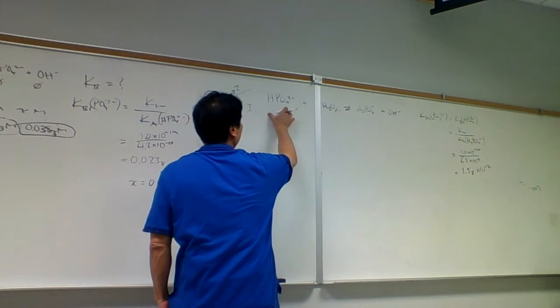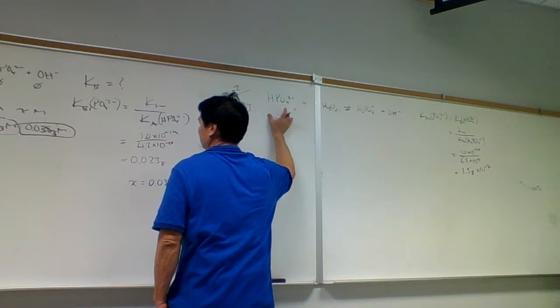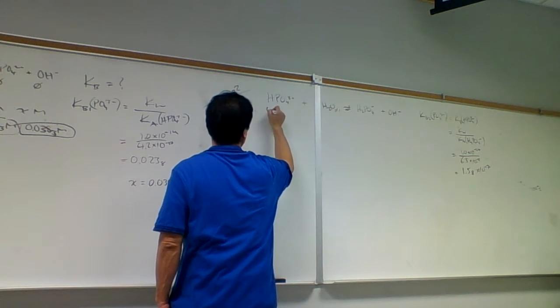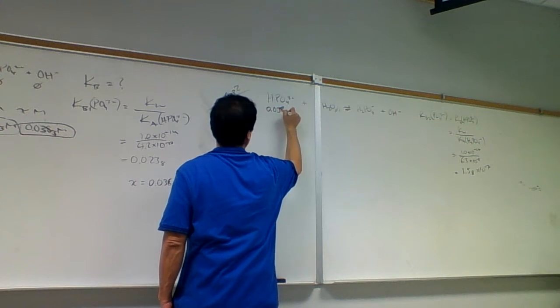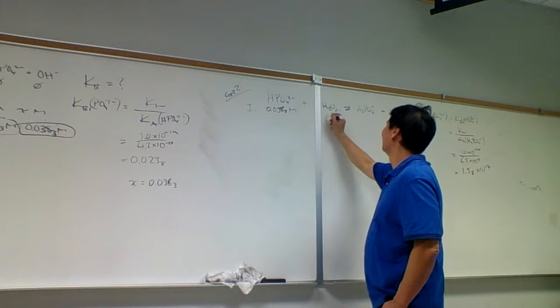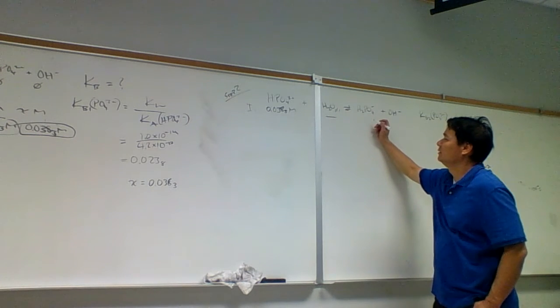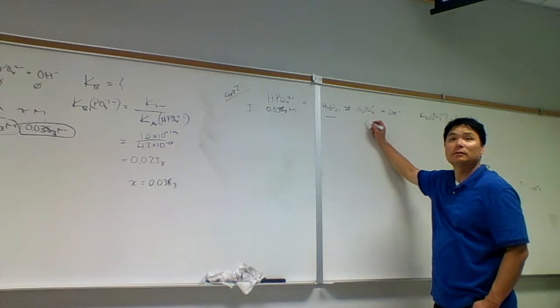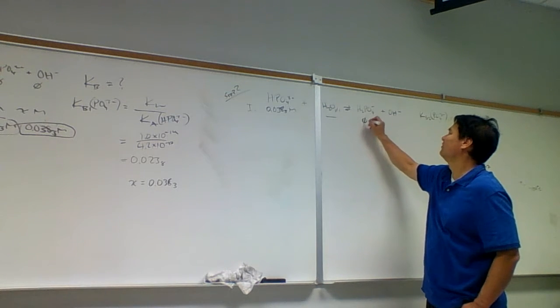All right, for the monohydrogen phosphate, what did you put here? 0.038. For the water? Nothing. Dihydrogen phosphate? Zero.